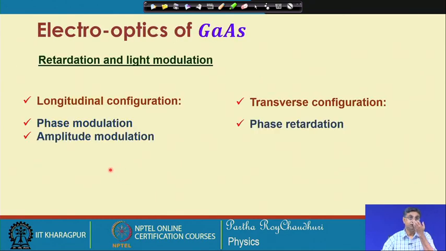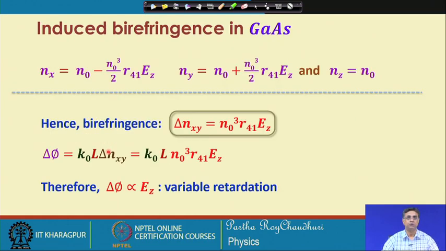So we have seen that, for this isotropic system, gallium arsenide, whichever direction you apply an electric field can be treated as E_z because it is isotropic.